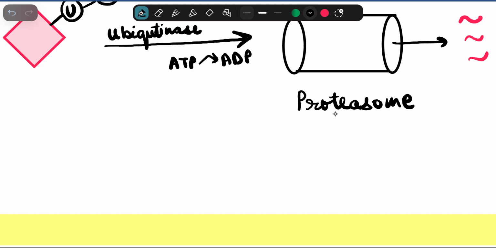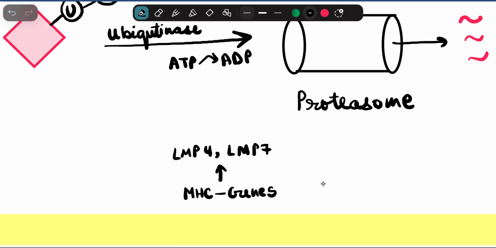If the proteasome has to function for immunity, then inside chromosome 4 we have the MHC genes. These MHC genes code for some special proteins, which are LMP4 and LMP7, and there are certain non-MHC genes located on another chromosome which code for LMP10.